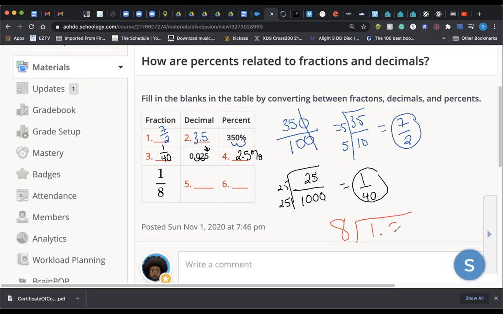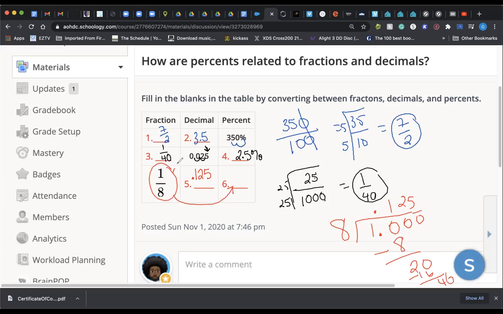Right, exactly. You have to make it 10 so it becomes a decimal right away. So how many times is 8 going into 10? 1, add a 0, 2. So 8 goes into 16, 4, 5, 0. So it's going to be 0.125. Very good.